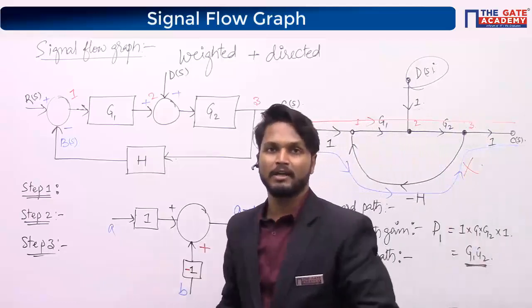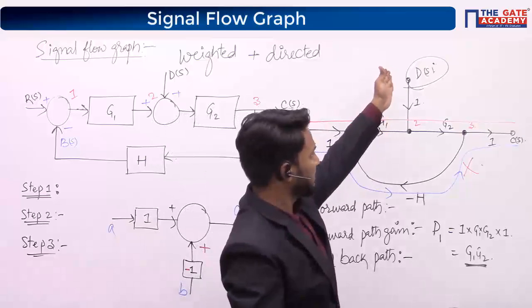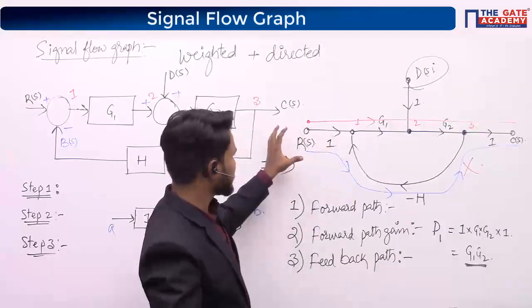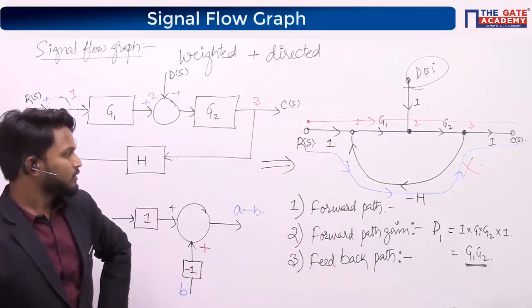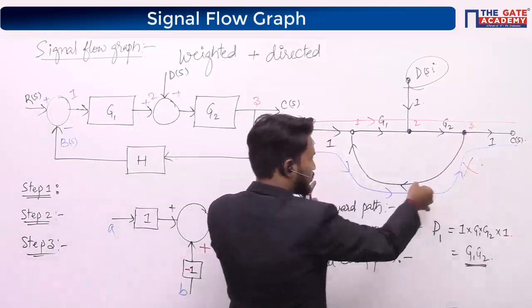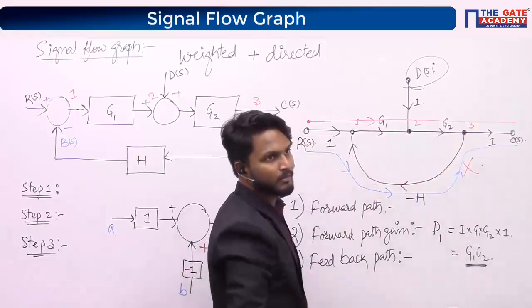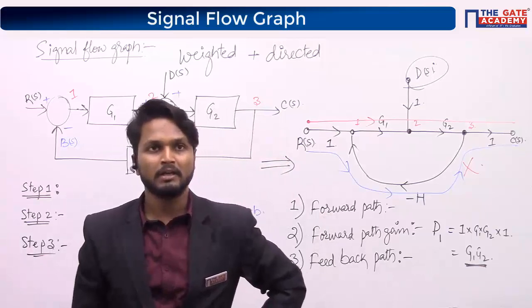That is the reason why I did not consider it. Momentarily I am considering R of S as the only input. Is it okay? So feedback path is the path connecting output to the input in a direction from the output towards the input, right?